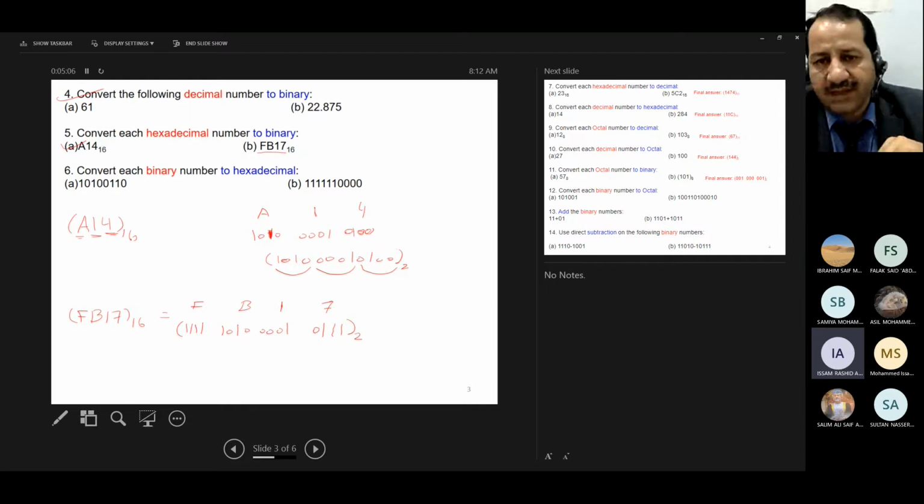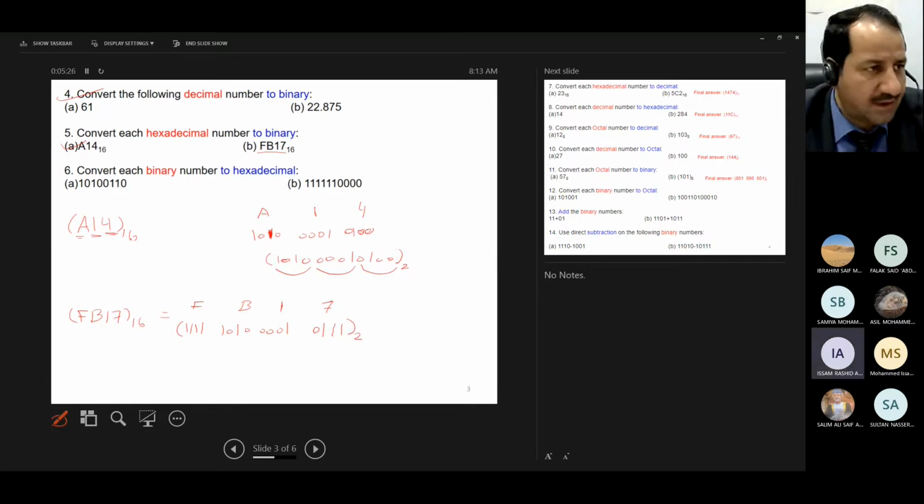Excellent. Do we start from the least significant bit or from the most significant bit? From the right or from the left do we start? Okay, from the right. Excellent.